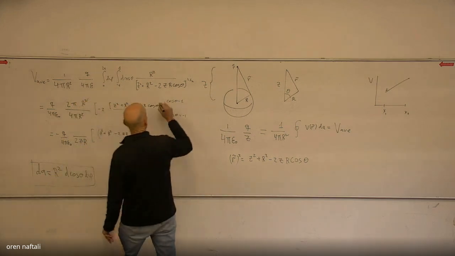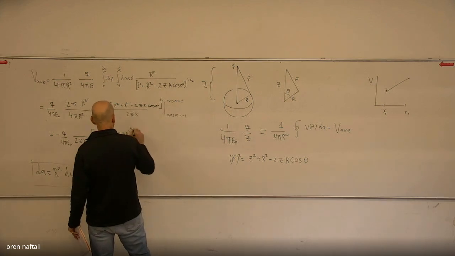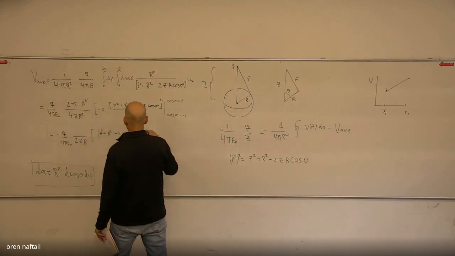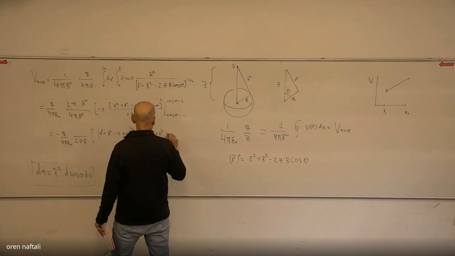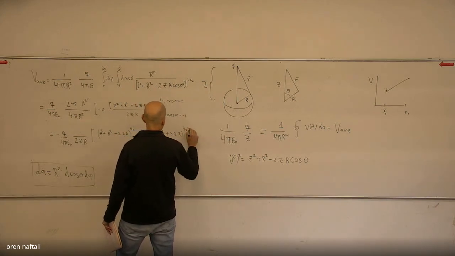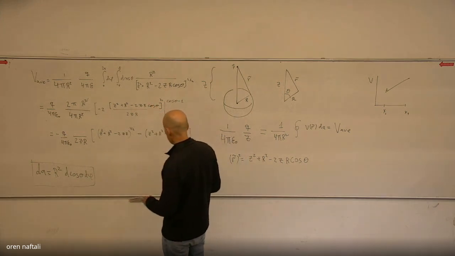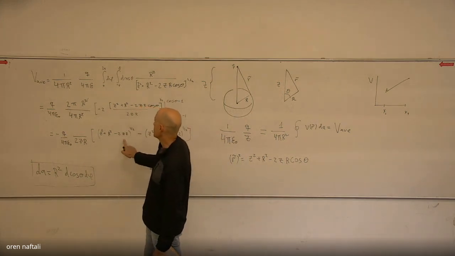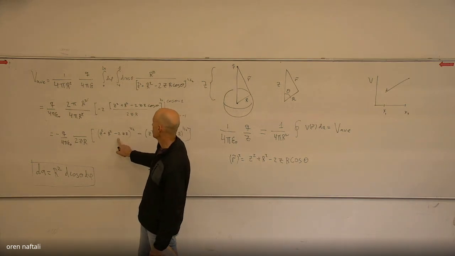Sorry, why didn't you correct me? Here I have a half. Here I have a half minus z squared plus r squared plus 2zr, the half. But what is this guy? You see, this is z minus r squared. This is r tilde.